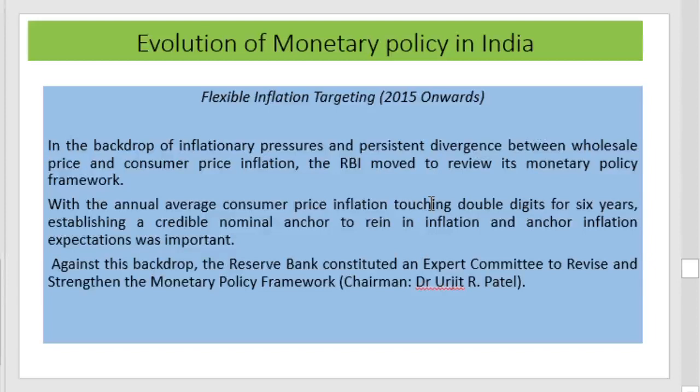And the RBI moved to review its monetary policy framework, with annual average consumer price inflation touching double digits for 6 years, establishing a credible nominal anchor to retain an inflation anchor. Inflation expectation was important. And the Reserve Bank of India constituted an expert committee to revise and strengthen the monetary policy framework under the chairmanship of Urjit Patel.